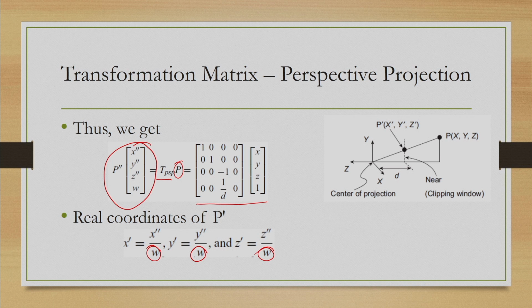So, we require some divisions, unlike in the cases of other transformations that we have seen before. So, that is how we can derive the projection matrices.